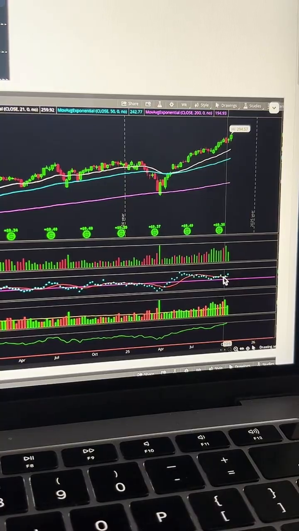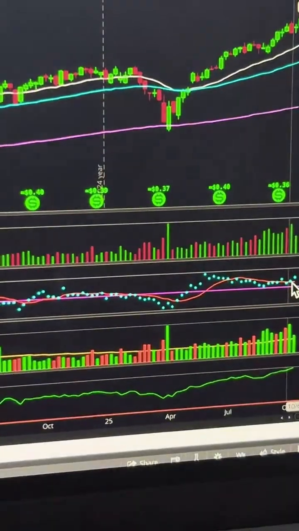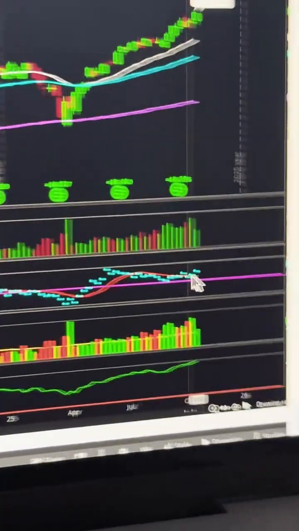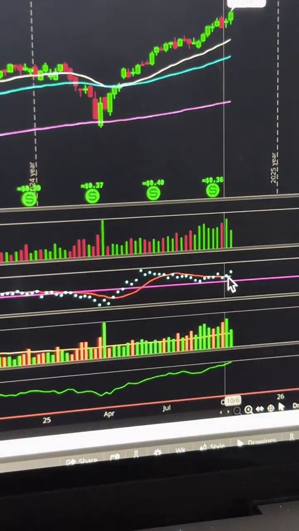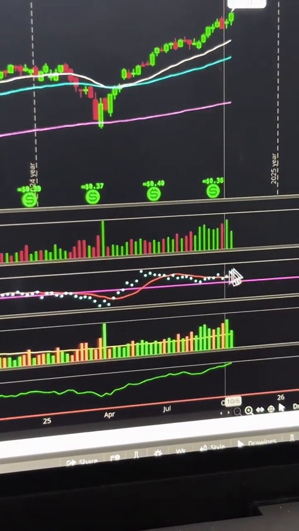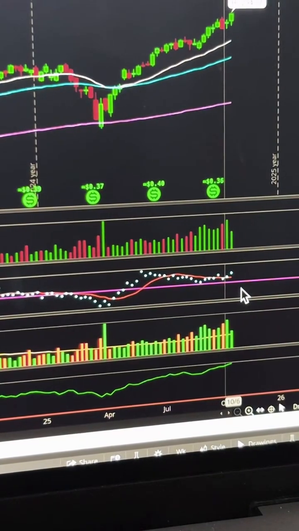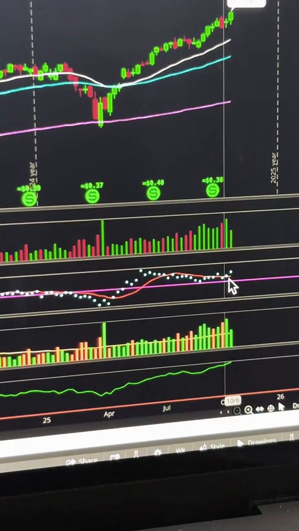Down here, these dots I have, let me get in closer. This is a momentum indicator, and I have it on average of 50 days. So for me, when those dots get above the red line, that means the momentum is high. And it's letting me know that money is flowing in there.